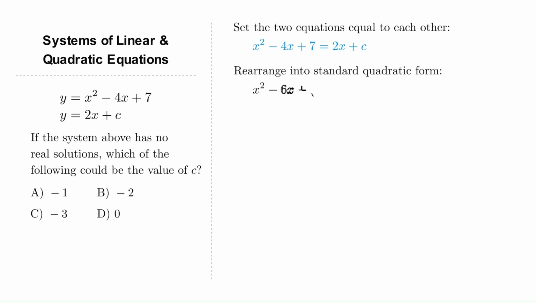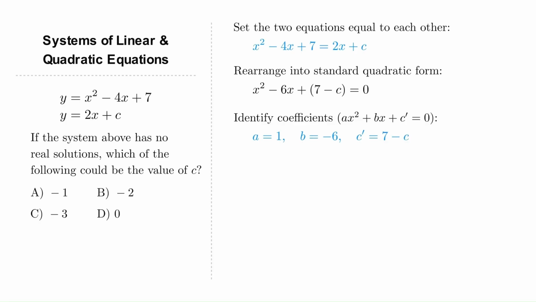Next, we rearrange this equation into standard quadratic form by subtracting 2x and c from both sides, then simplify like terms. Now, we identify the coefficients of this new quadratic equation as 1, -6, and 7 minus c. Since the system has no real solutions, the discriminant must be strictly less than 0.